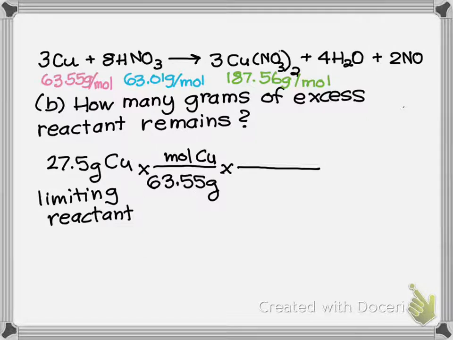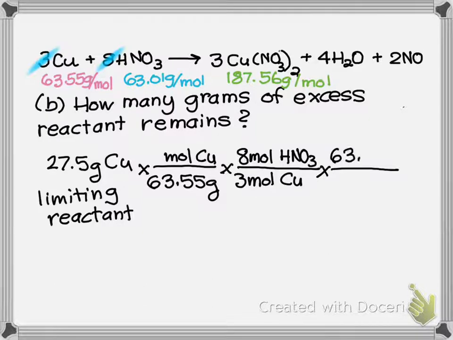So when I look up here, this is an 8 and that's a 3. That's the two I'm looking at. So I say 8 moles of nitric acid reacts with 3 moles of copper. And now to figure out how many grams of nitric acid there are, I'm going to multiply by the molar mass of nitric acid.